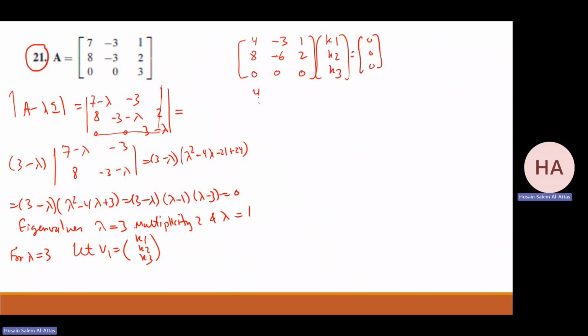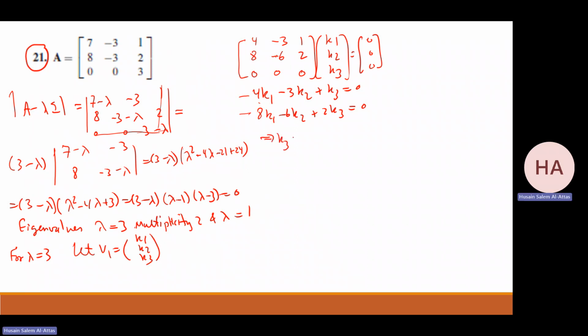So what we have? We have 4k1 minus 3k2 plus k3 equals 0, and I have 8k1 minus 6k2 plus 2k3 equals 0. Note these two equations are the same. Multiply the first by 2, you get the second. So I have only one equation.